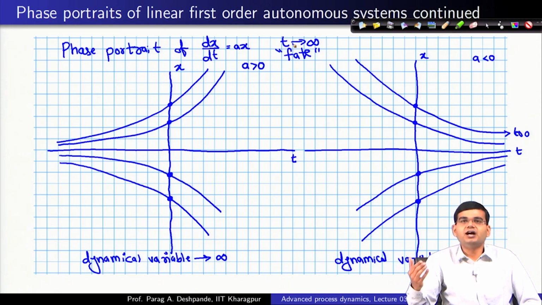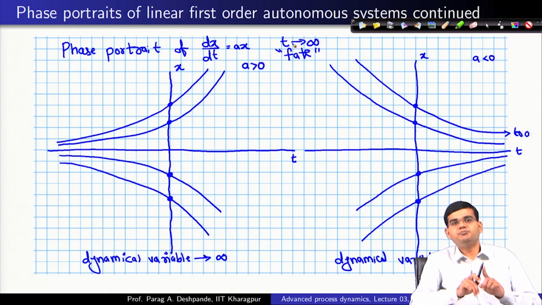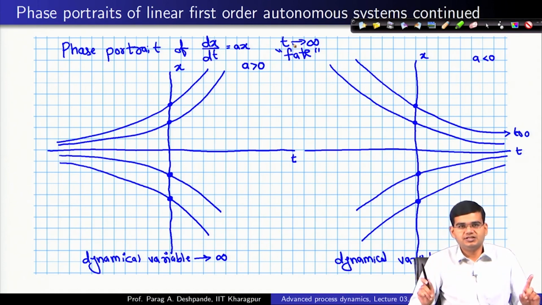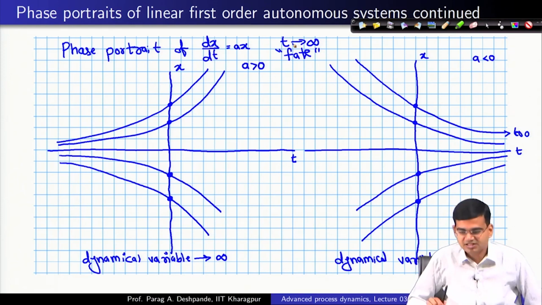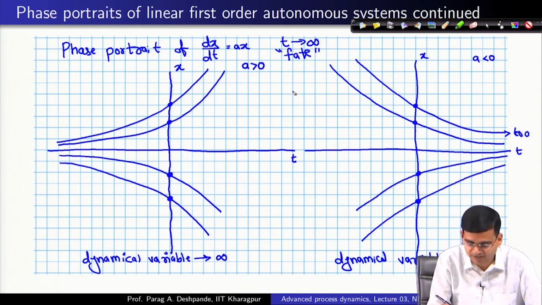Whereas, if the parameter A is less than 0, then you will see that the value of the dynamical variable will become 0. And these are two very contrasting situations. On one hand, the variable tends to infinity, on the other hand the variable tends to 0, and therefore, the system is said to have bifurcation.